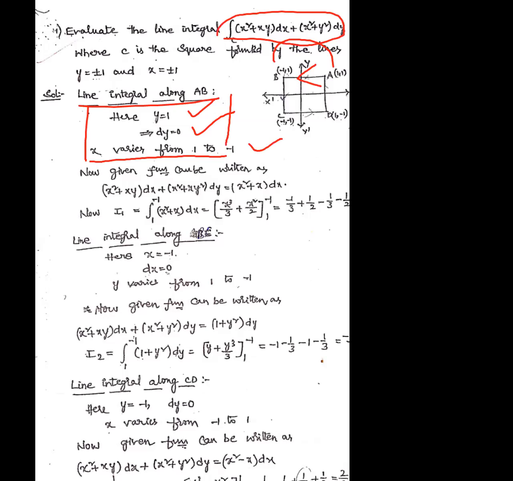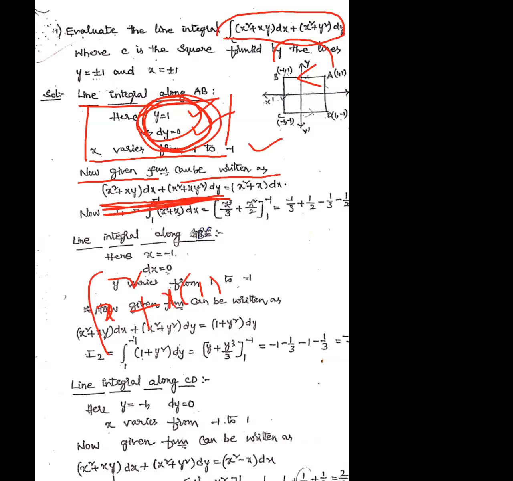The given function can be written as (x square plus xy) dx plus (x square plus xy square) dy. Substituting y equal to 1 and dy equal to 0 in this equation, we get (x square plus x into 1) dx plus, here dy is there, so dy equal to 0, 0 into something is 0.